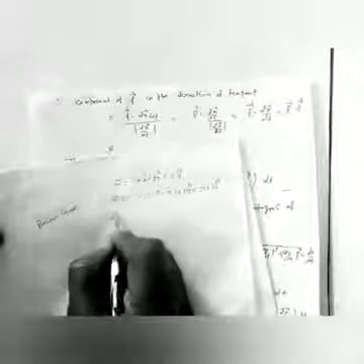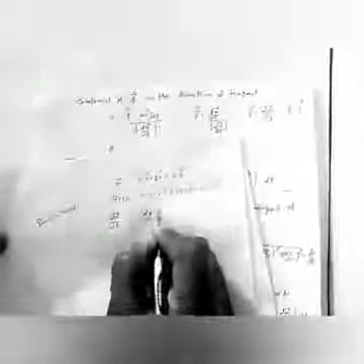So we can write dr by dt is equal to dx by dt into i cap, dy by dt into j cap, and dz by dt into k cap, and the magnitude of dr by dt is equal to root of the sum of the squares of the components: dx by dt whole square, dy by dt whole square, and dz by dt whole square.